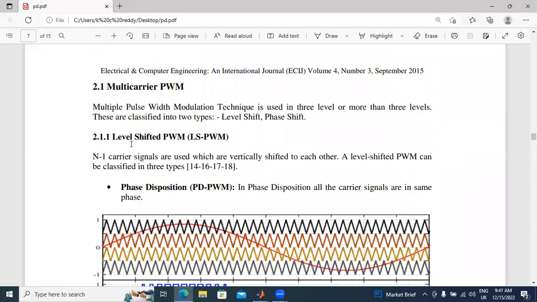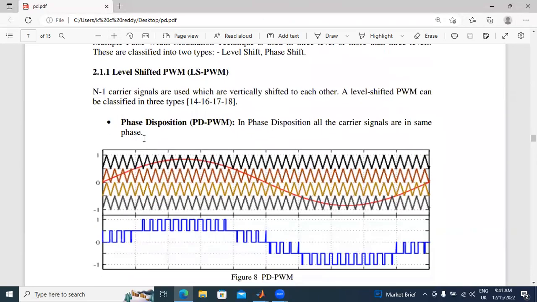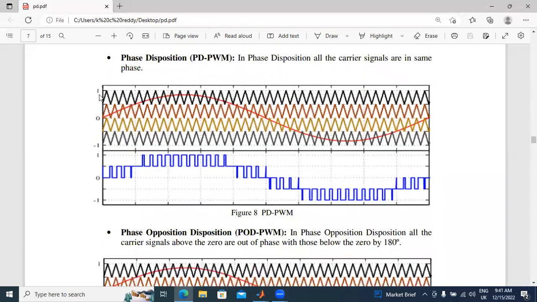In level shifted PWM technique, PD means phase disposition PWM technique. In phase disposition, all carrier signals are in the same phase. The first carrier wave varies from 0.5 to 1 and 1 to 0.5, again 0.5 to 1.